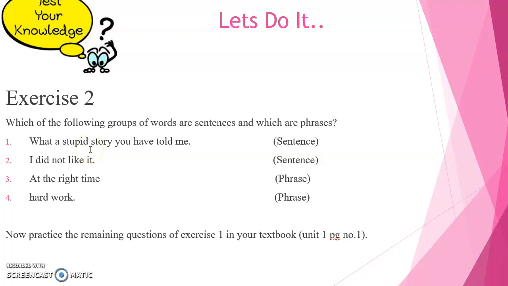For phrases, the groups of words which do not have a verb and do not give a good meaning are called phrases. But a sentence always starts with a capital, ends with a full stop, has a verb, and if it is giving a meaningful sense, it means that is a sentence.